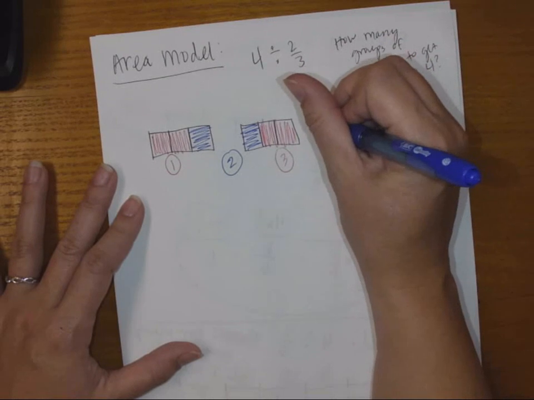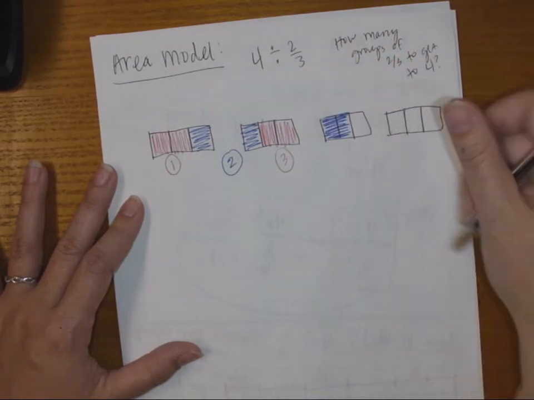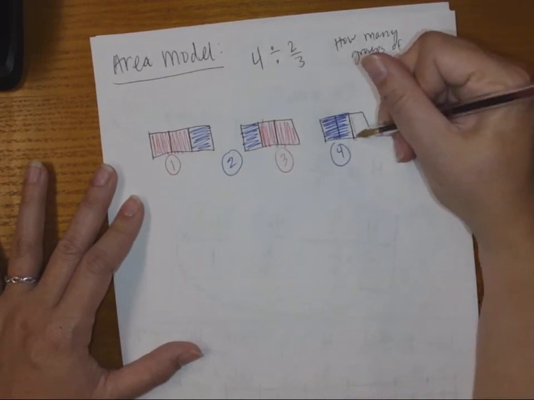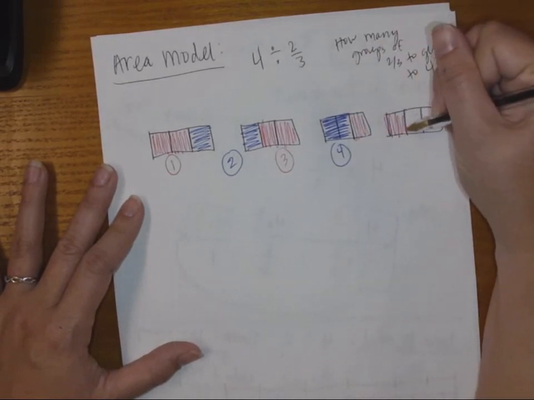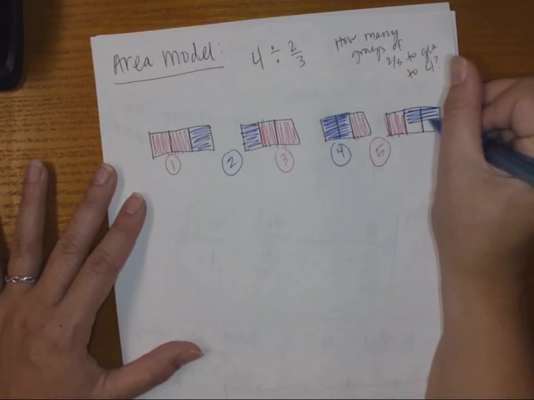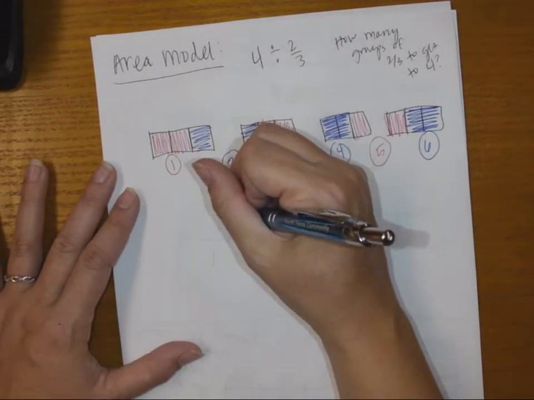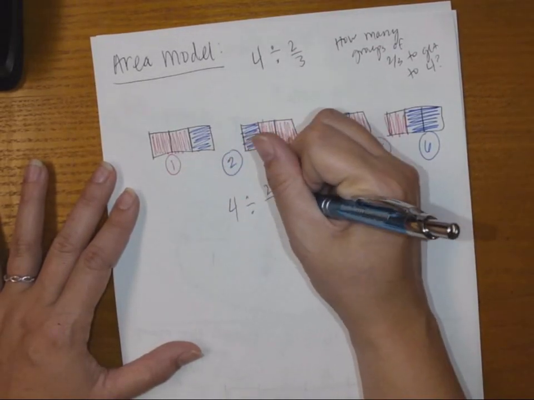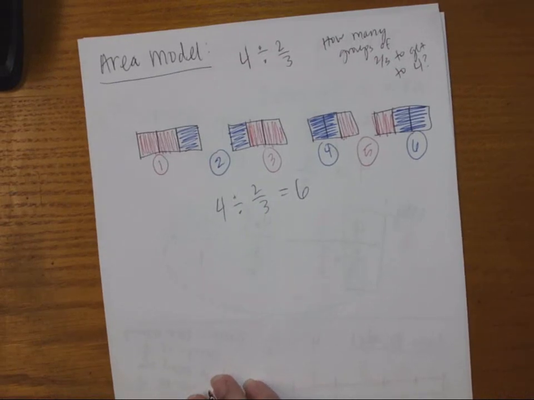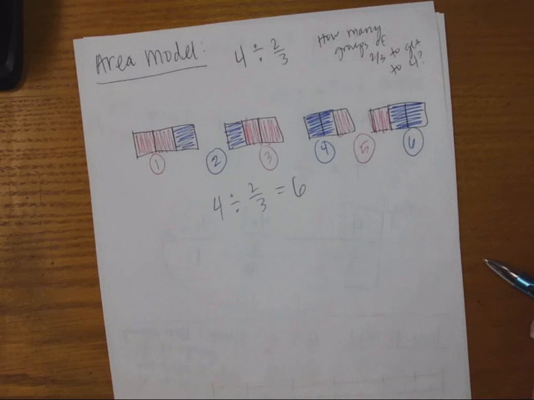Fourth group of 2/3, here's 1/3 and 2/3, that's group number 4. 1/3, 2/3 is group number 5, and 1/3, 2/3 is group number 6. So my answer, 4 divided by 2/3, is 6, because it takes 6 groups of 2/3 to make 4 wholes.